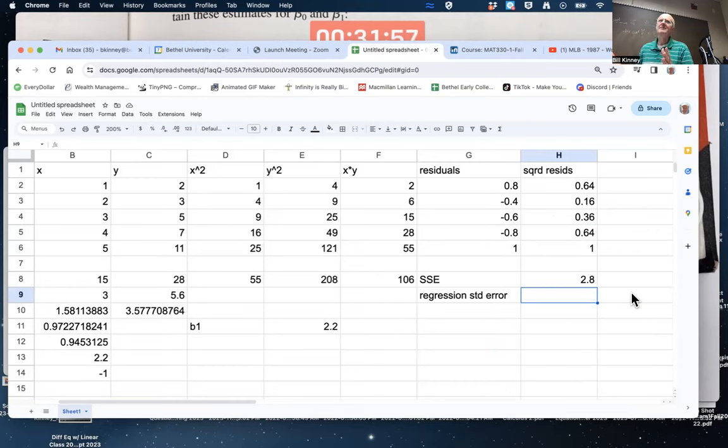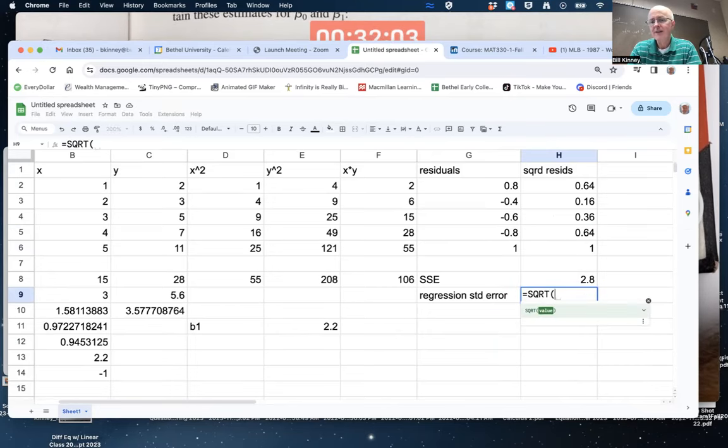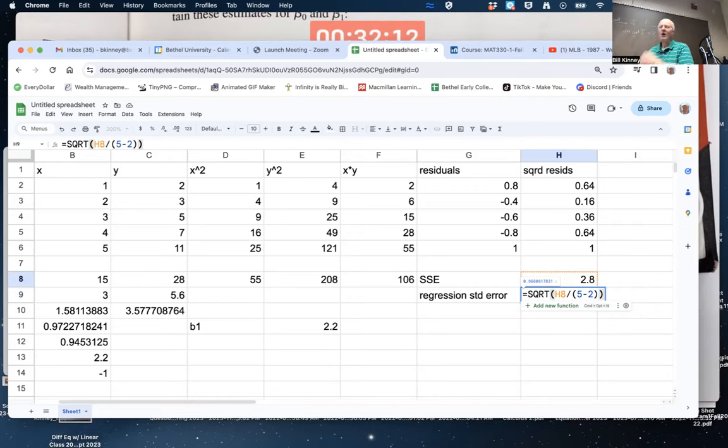What in the world does that mean? Let me just compute it. Its formula is square root of SSE divided by n minus 2. Not n minus 1, n minus 2. When you do single variable linear regression, there's a degrees of freedom involved, and it's n minus 2, not n minus 1.